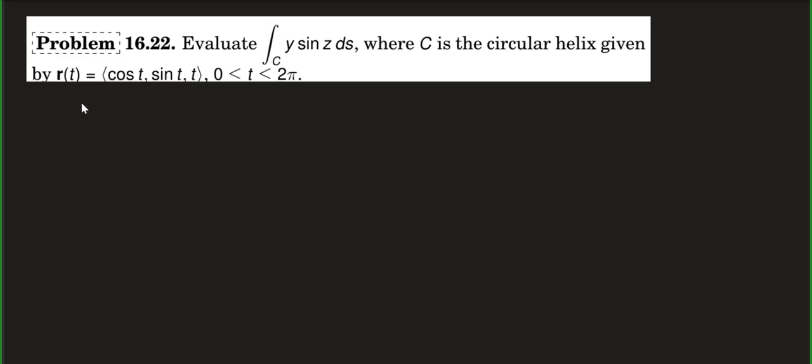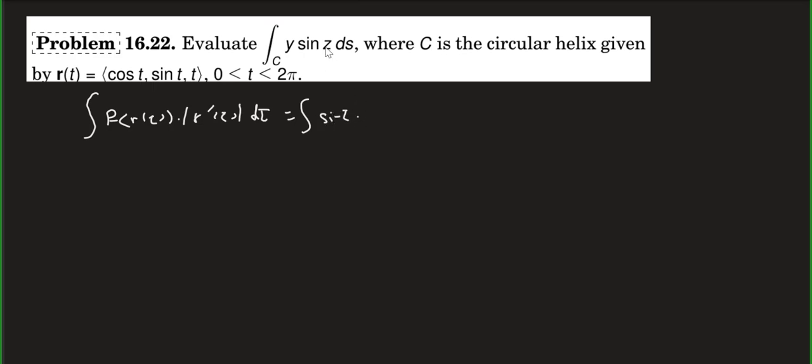So according to the formula, we have to compute the integral of f(r(t)) multiplied by the norm of r prime t dt. F is y sine z, then we compute with composition. We have y, so instead of y we will put sine t.